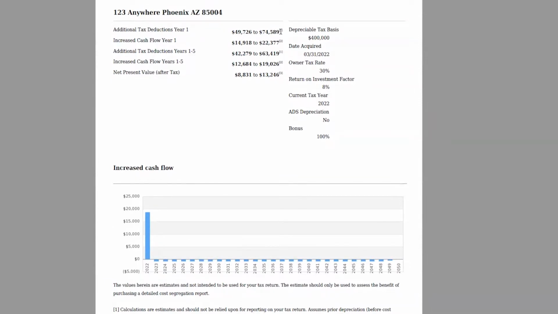Now, what do those deductions equate to from a tax standpoint? These are your savings right here. So you're saving between $15,000 and $22,000, assuming you have a 30% tax rate in the first year from the bonus depreciation. Okay, and this is again a $400,000 taxable basis on that property. Wouldn't you like to save that much money just by doing a cost segregation study?